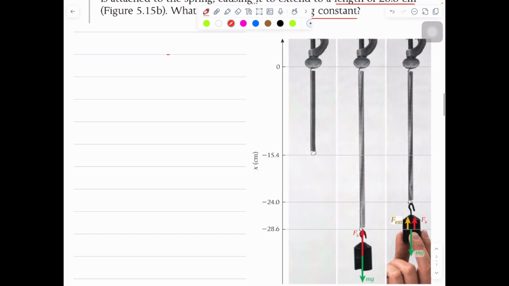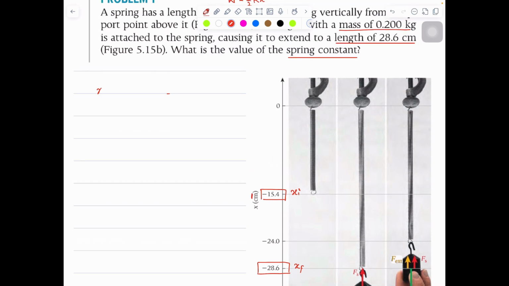Now just check the values. This is your initial value, negative, not positive. This is your initial value xi, this is your final value xf. This is in centimeter, so can I say xi is equal to negative 15.4 centimeter?